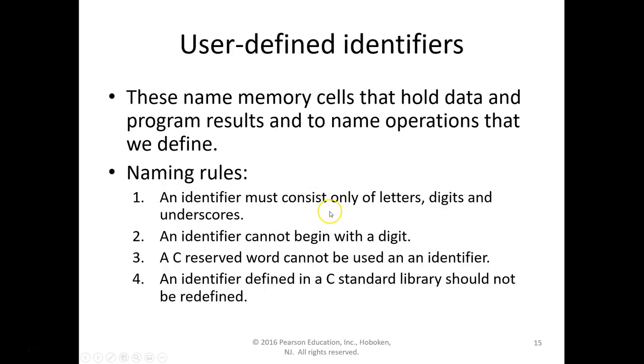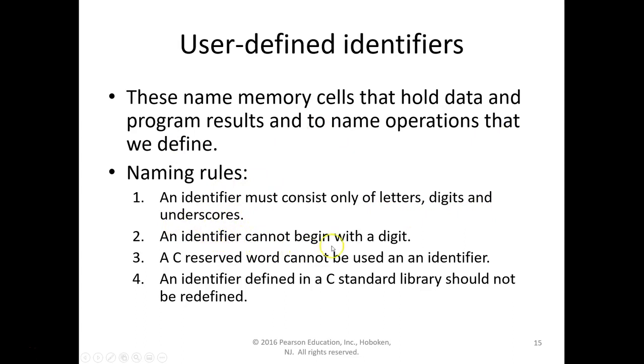That's it. Okay, and then user defined identifiers name memory cells that hold data and programs, and name operations that we define. An identifier must consist only of letters, digits, and underscores.